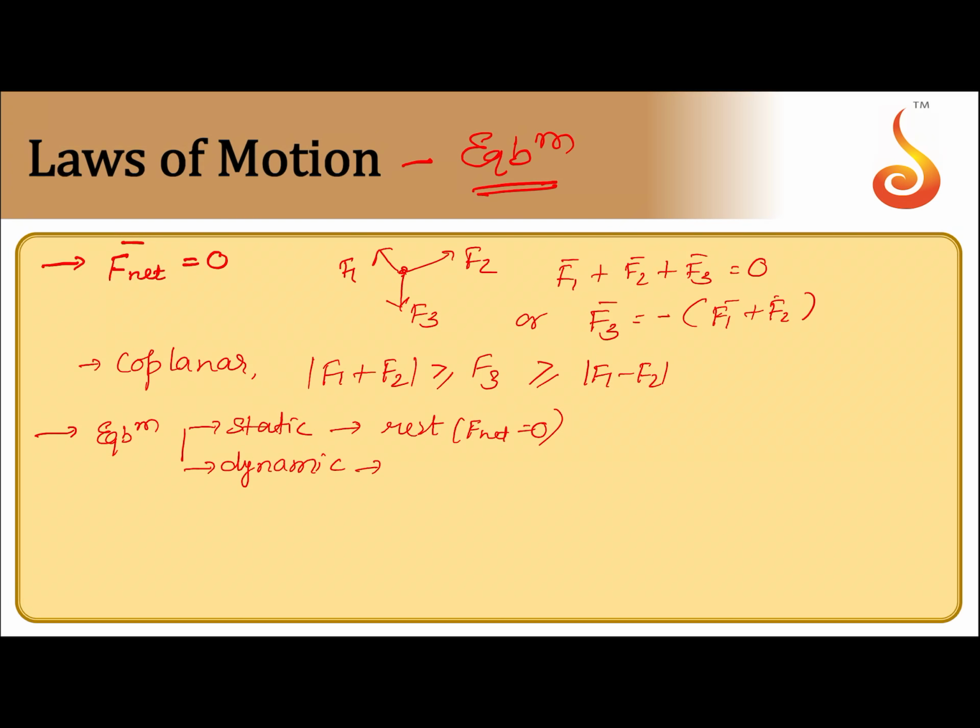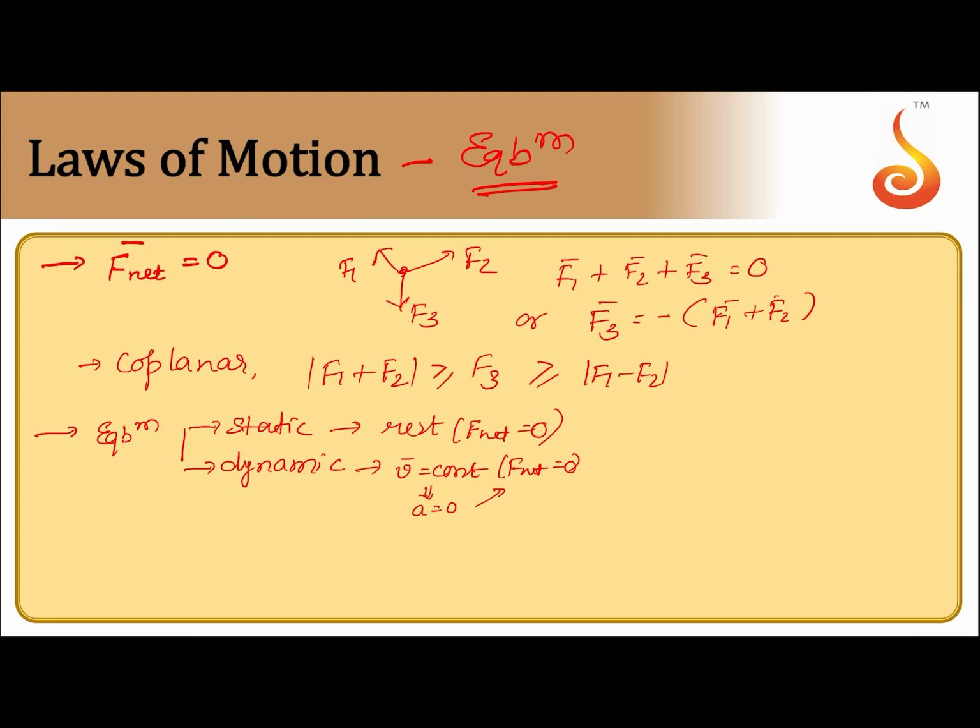The object in dynamic equilibrium means the object is in motion but with constant velocity. So again net force is 0, you may notice. Velocity is constant implies acceleration is 0. Acceleration is 0 implies the force is 0.